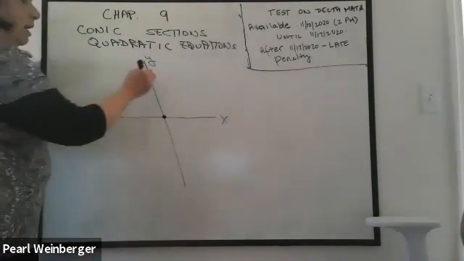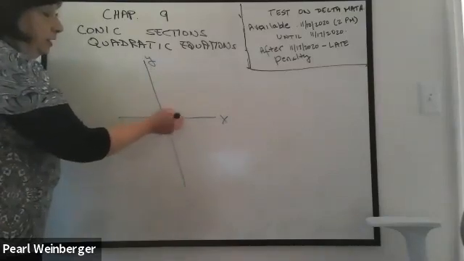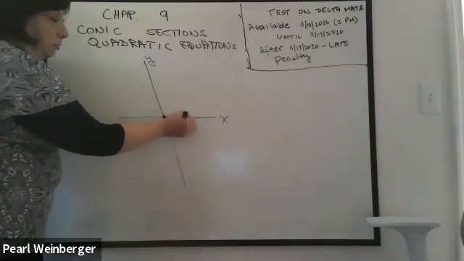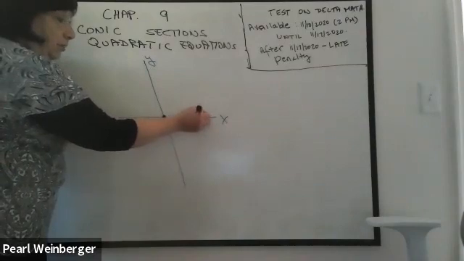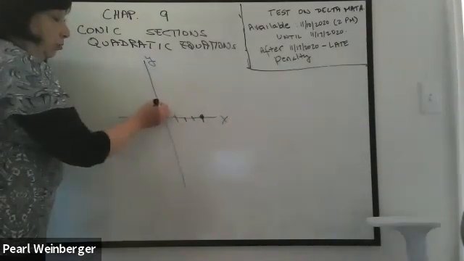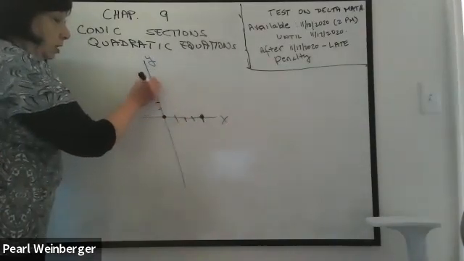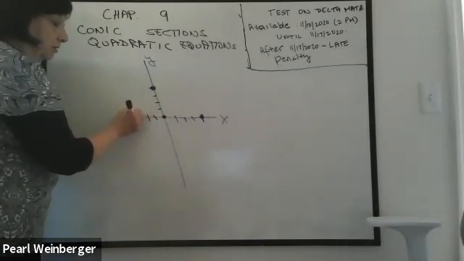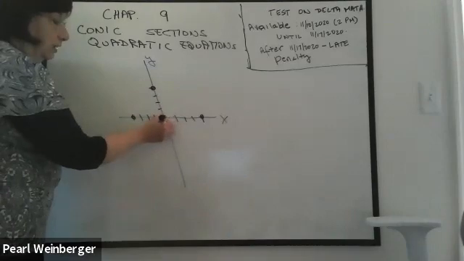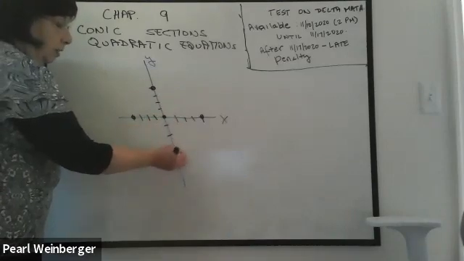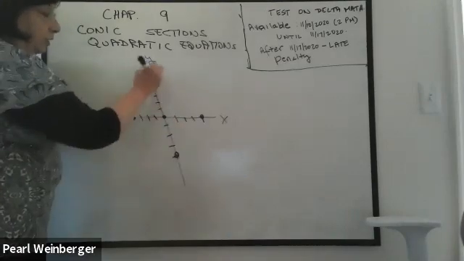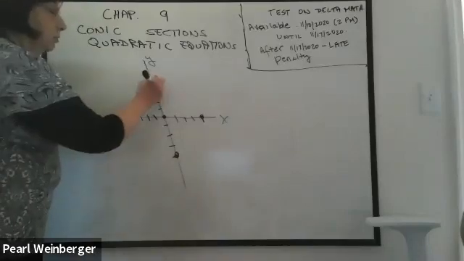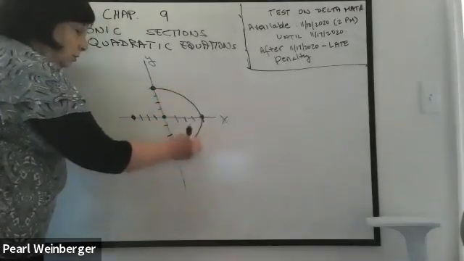And then let's say you have a radius of 4: 1, 2, 3, 4. It means it's going 4 in all directions. That's what a radius means. It's the same distance in all directions from the center. Now, this is not going to be exact, so you get something that looks like this.